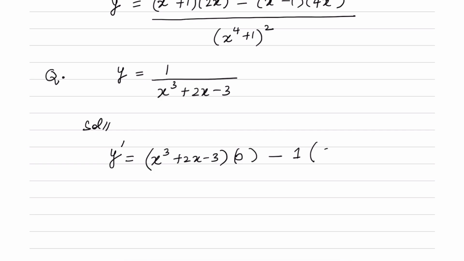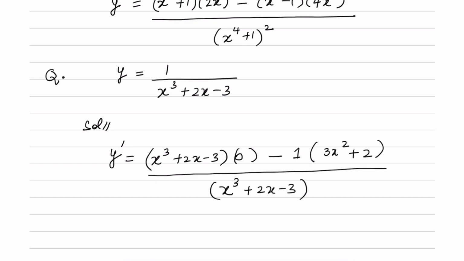Its derivative is 3x square plus 2, because x cube derivative by power rule is 3x square, and x derivative is 1, minus 3 derivative is 0. So we have this whole divided by lower term as it is and its whole square.